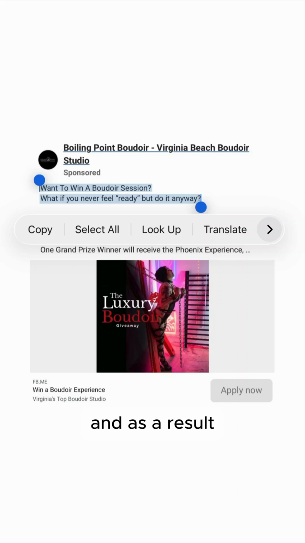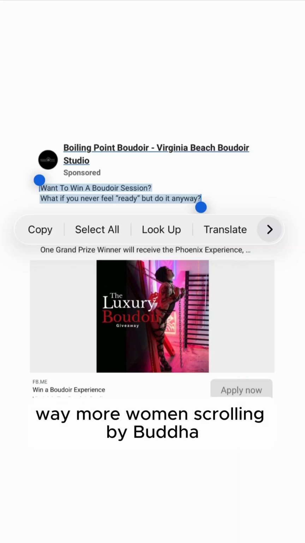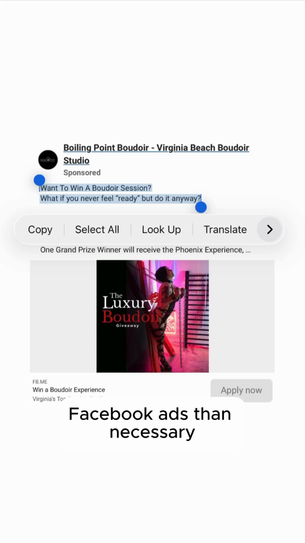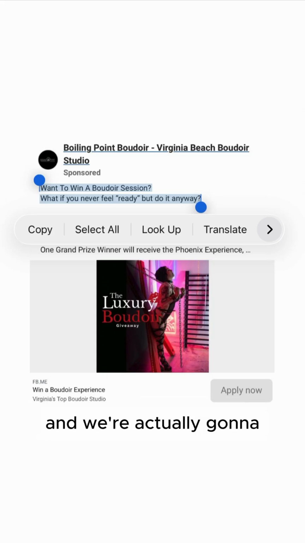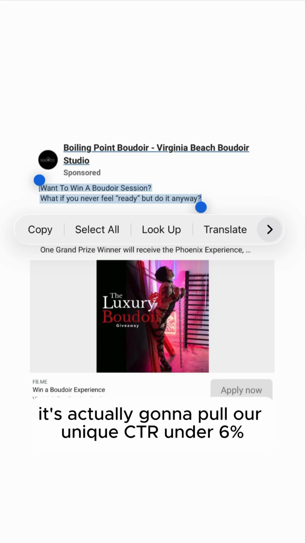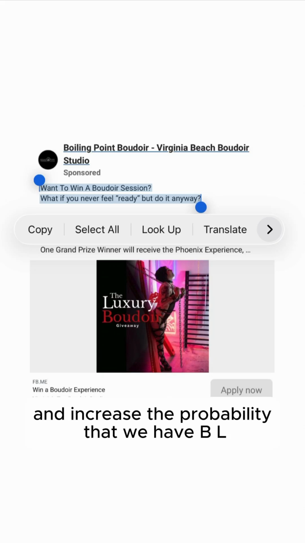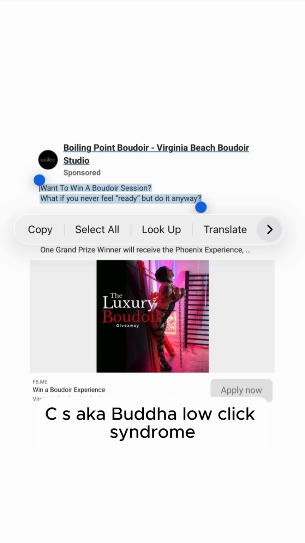And as a result, we're going to have way more women scrolling by our Boudoir Facebook ads than necessary. And it's going to pull our unique CTR under 6% and increase the probability that we have BLCS, aka Boudoir low click syndrome.